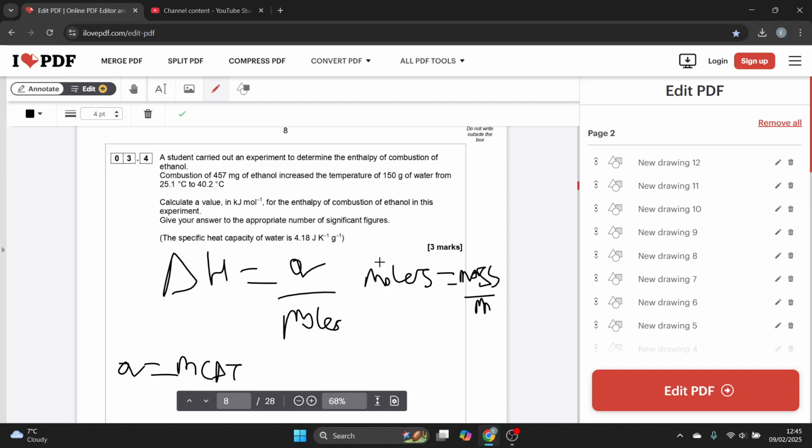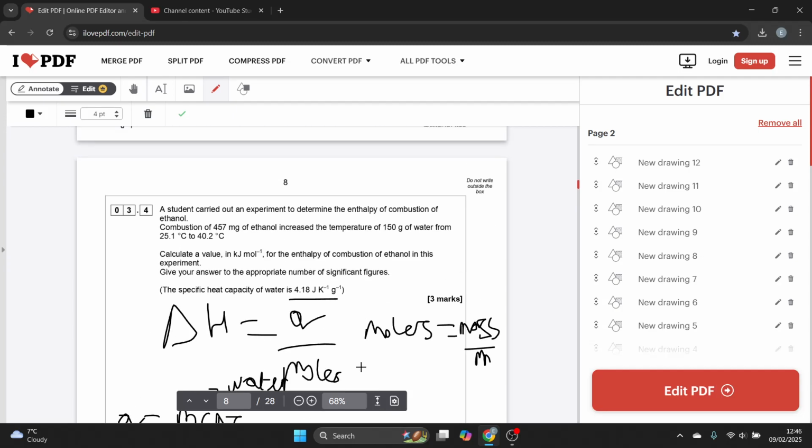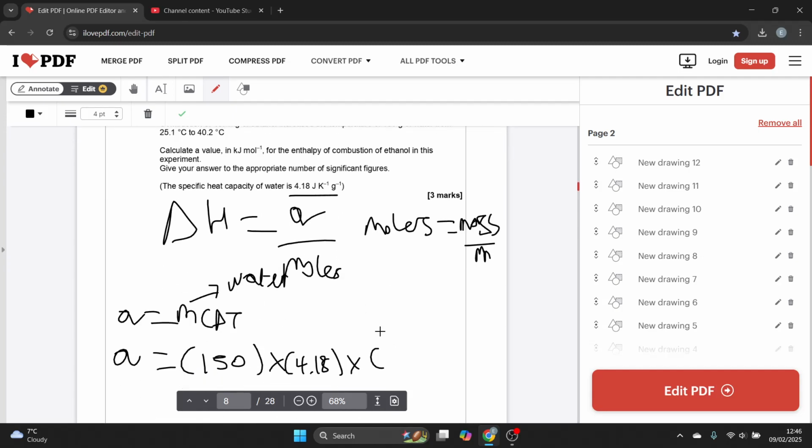So first things first, in this case this is for the mass of water, so I can find out Q very easily. Let's do that. Q equals 150 times 4.18 given in the question, times temperature change 40.2 minus 25.1.